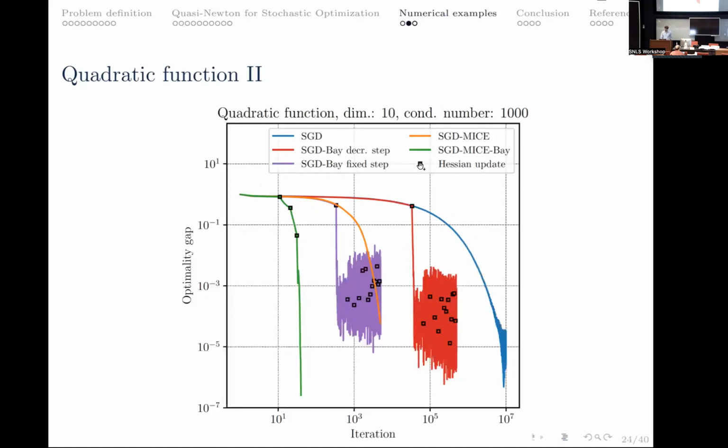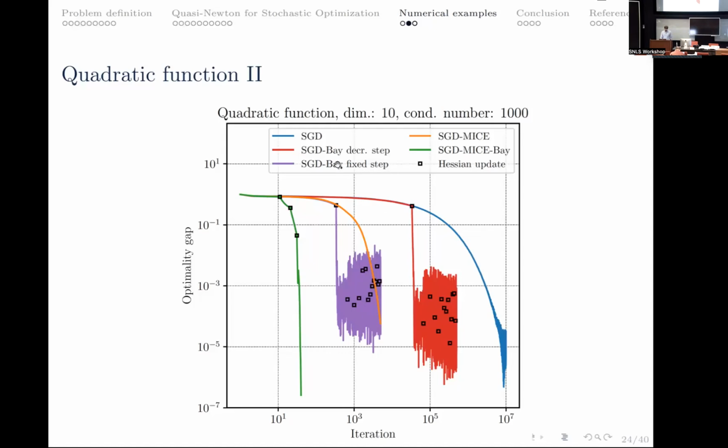And when we do the update, we see that we do a big jump here of roughly 4 orders of magnitude to the optimum, which is good and somewhat expected given the problem is quadratic. One Newton step should get you to the optimum, right? But still, we have this oscillation problem because in this case, we are not controlling error on the noise of the gradient.